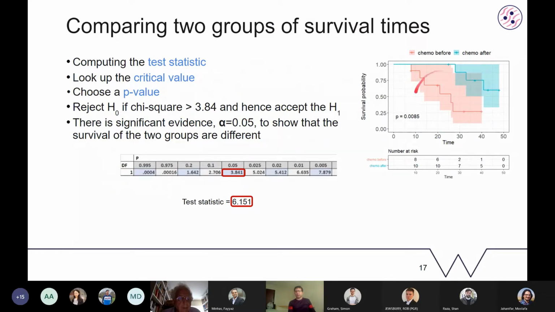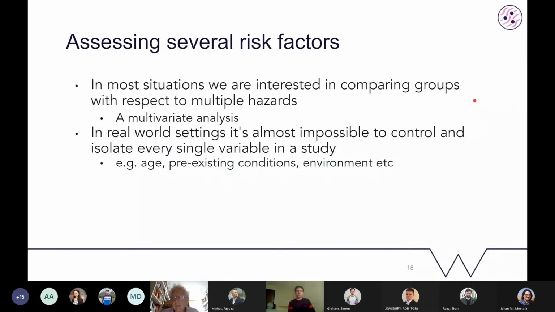So for example, for this data, the p-value is less than 0.05 when we look up in the critical value table. The critical value is 3.841, and the computed test statistic is 6.1, which is greater than this. So we can reject the null hypothesis that there is no difference, and then accept our alternative hypothesis that there is indeed a difference between the survival time of these two groups.